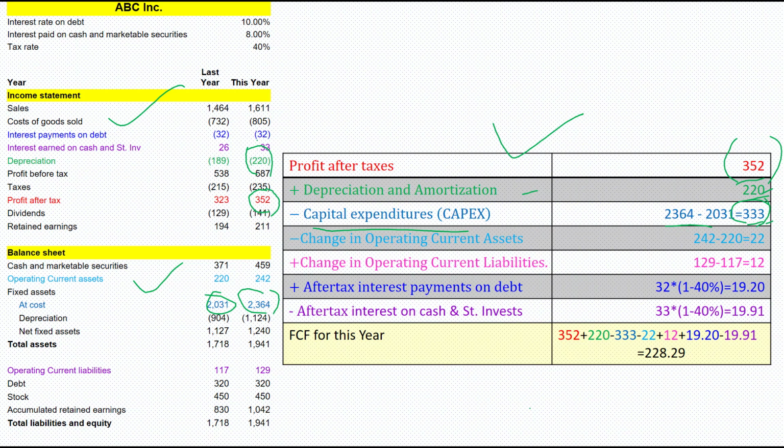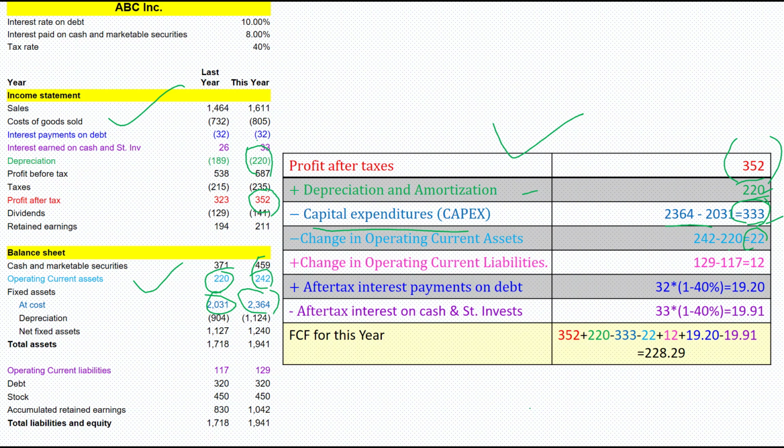That's how you compute the capital expenditure. For the change in operating current assets, you look at this year's operating current assets and last year's, and find the difference, this year minus last year. This 22 is the change in operating current assets.